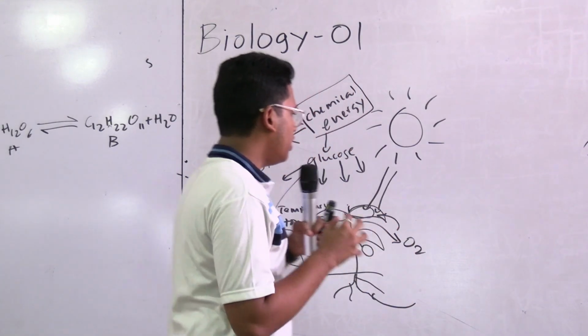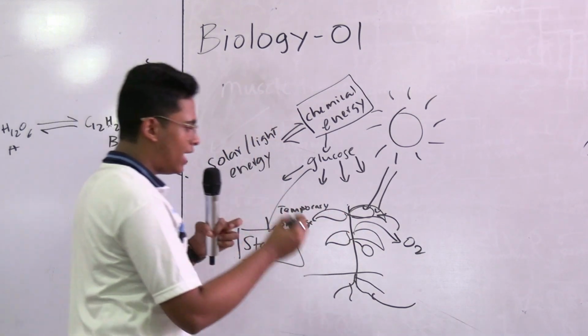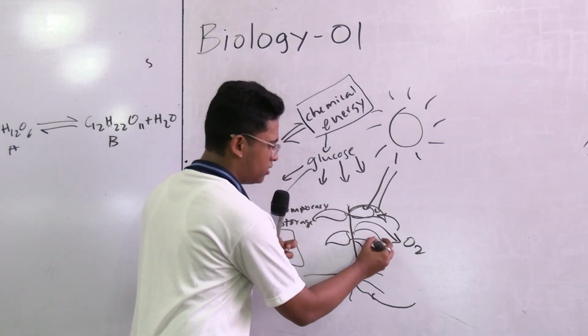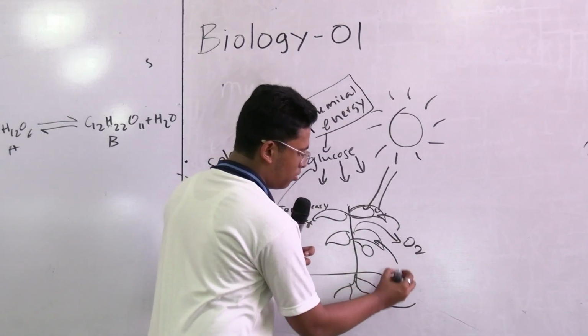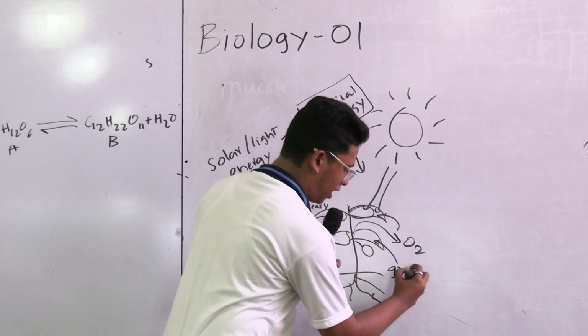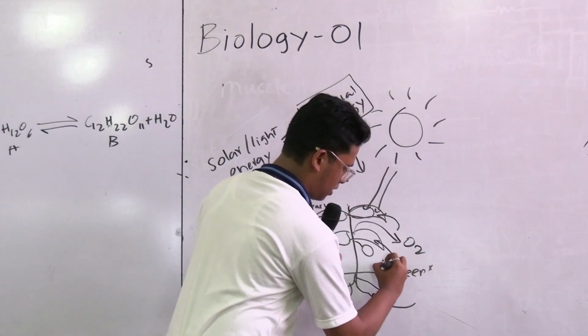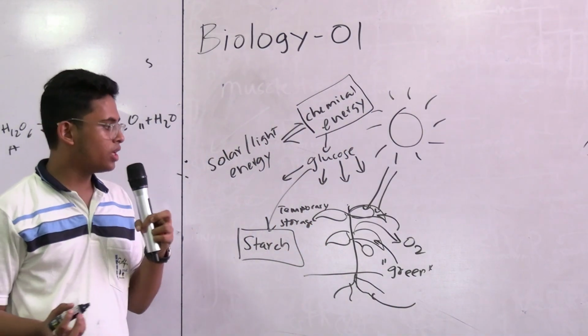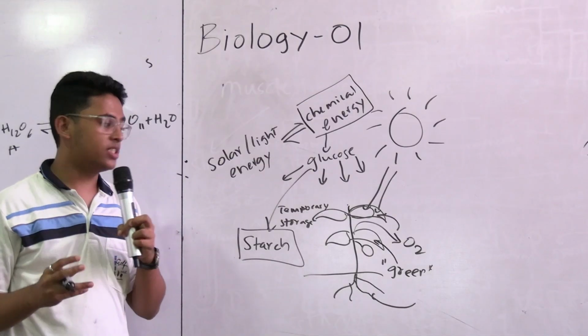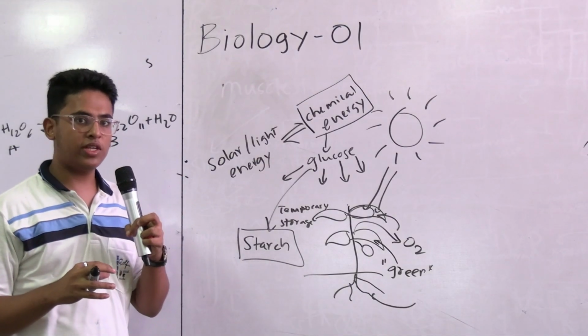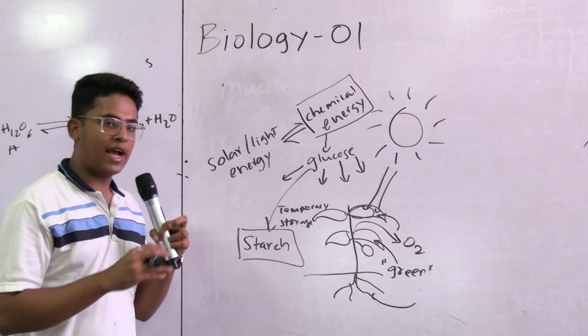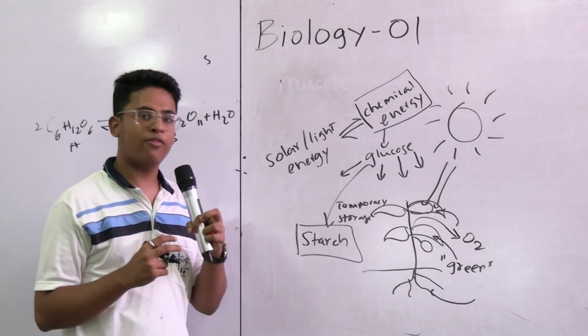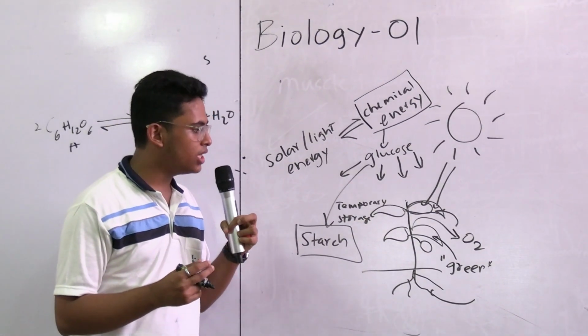So we know that photosynthesis in plants happens almost always in green plants. Only plants with green leaves will do photosynthesis mainly. There are other species also. Certain algae that are not green can also carry out photosynthesis. You will learn more about this in A-levels.